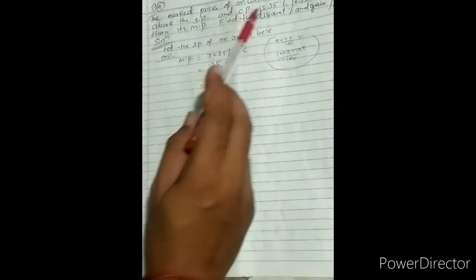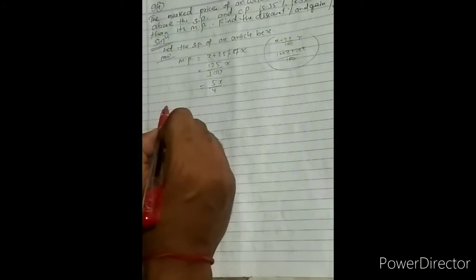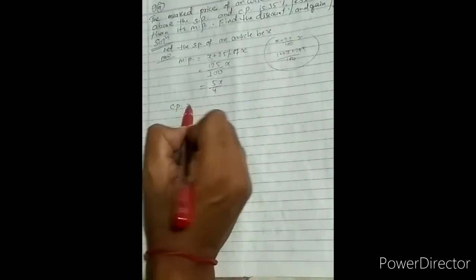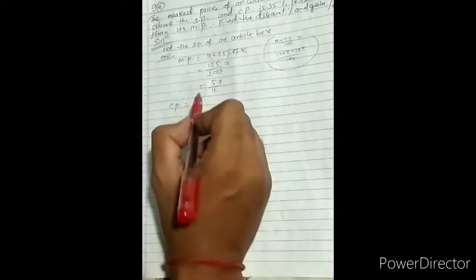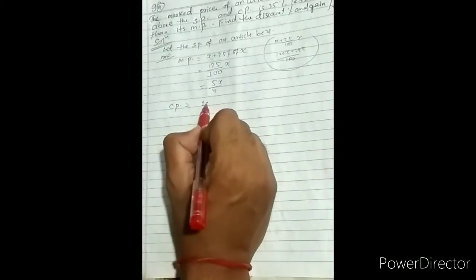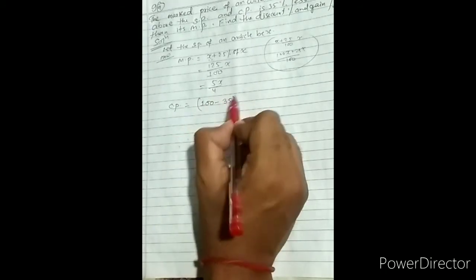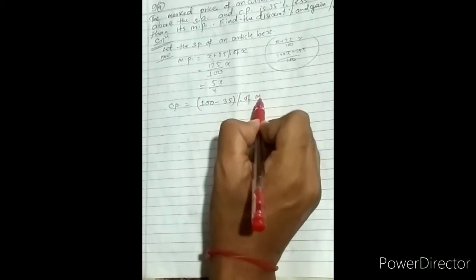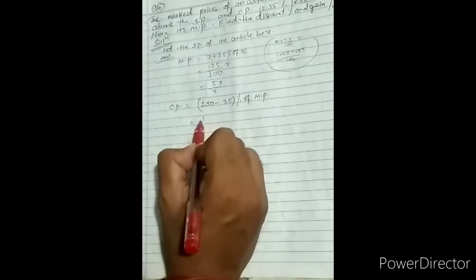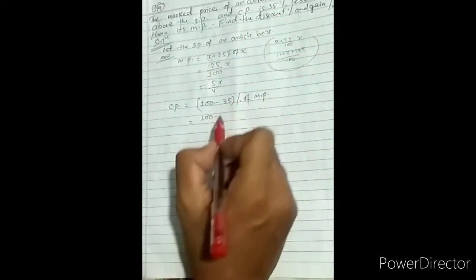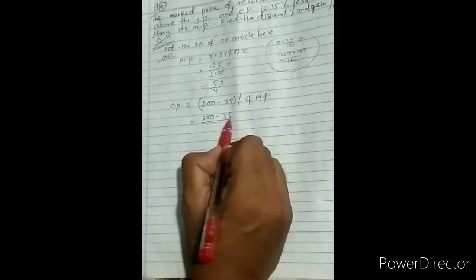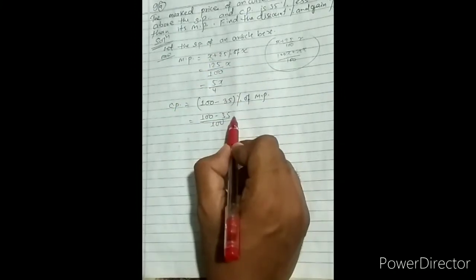Next, CP is 35% less than the mark price. So 100 minus 35% of mark price. 100 minus 35. To remove this percent, we divide by 100, same as this.